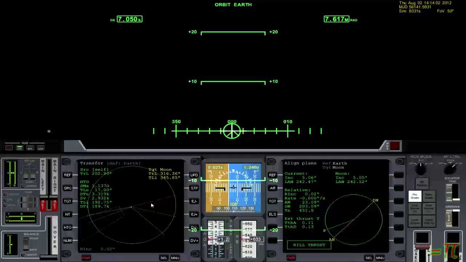Basically, the dashed green line is our position in our orbit when we fire the engines. The dashed yellow or brownish, whatever color line that is where the moon will be when we reach the moon's orbit. We need this and this to overlap. And it looks like they do. Let's fine-tune this a little bit now.